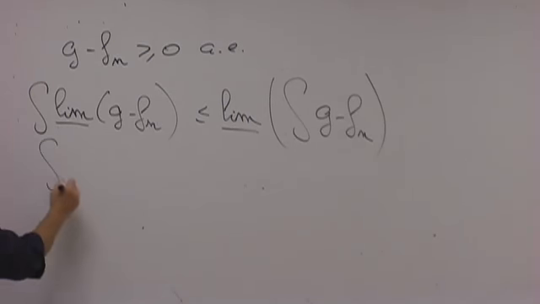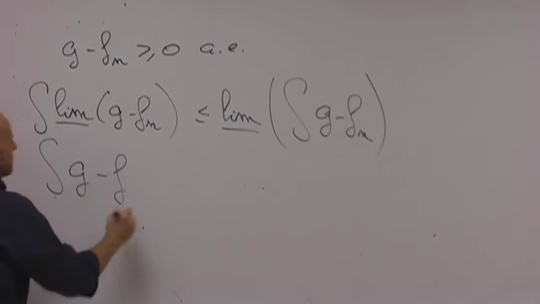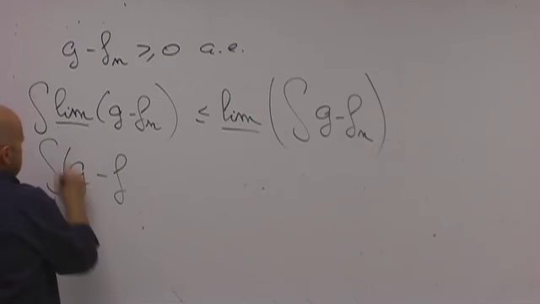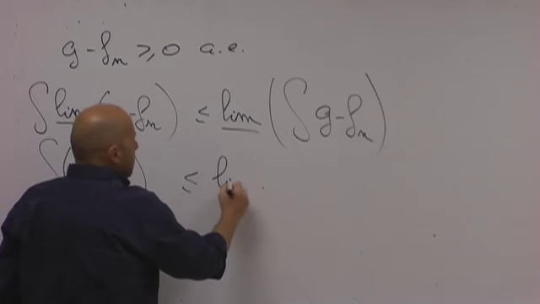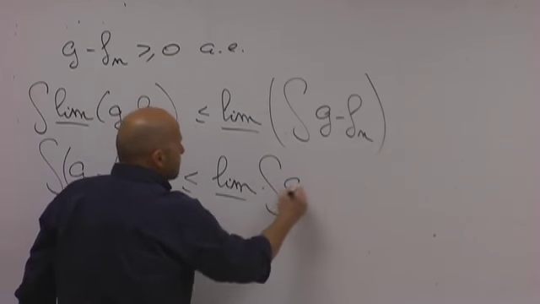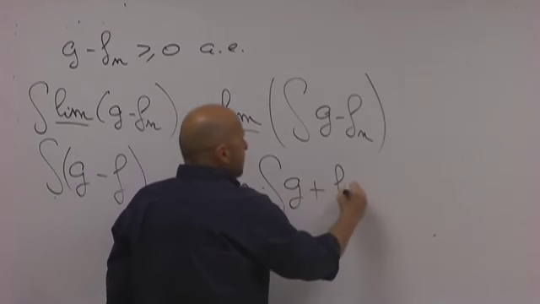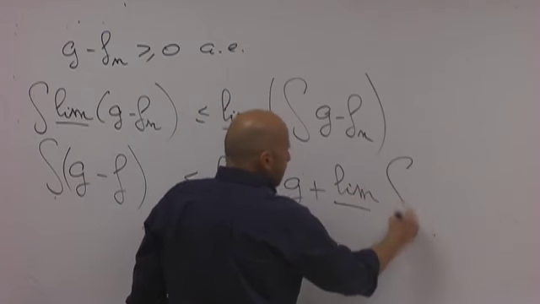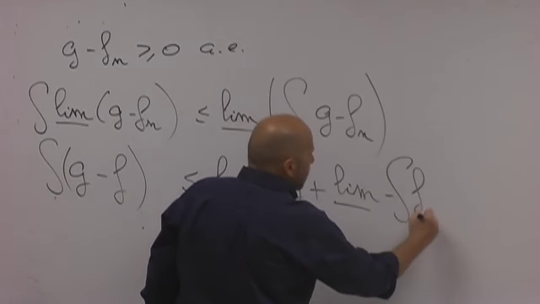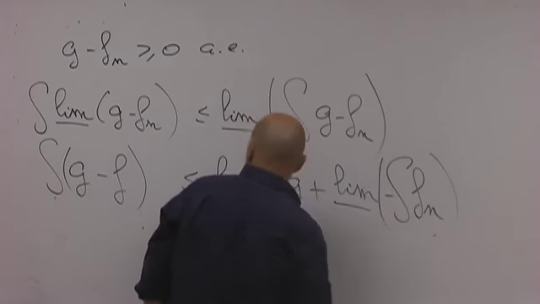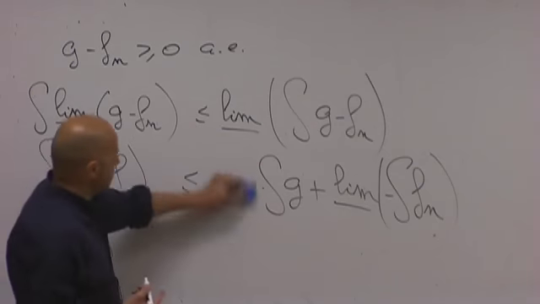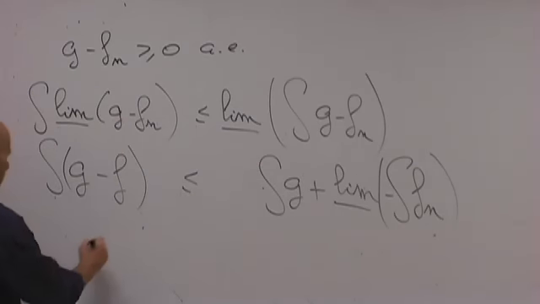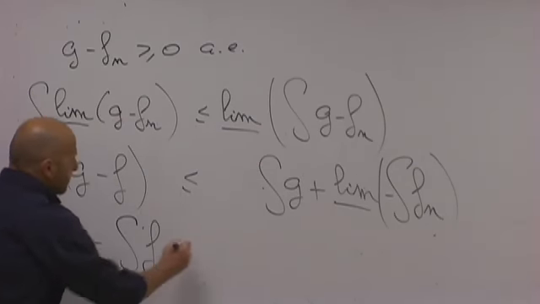Here we have g minus f less than the lim inf of g plus the lim inf of minus Fn. We could just get rid of g, so we get minus the integral of f less than the lim inf of minus the integral of Fn.